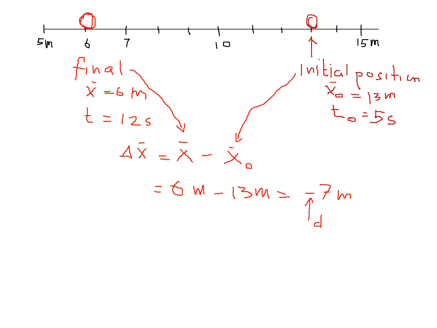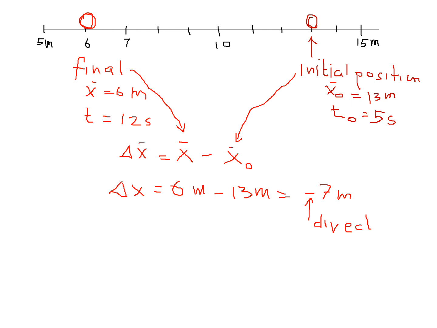We know delta x is a vector, therefore it has a magnitude which is 7. In addition, it has to have a direction. Delta x has a direction which is to your left.